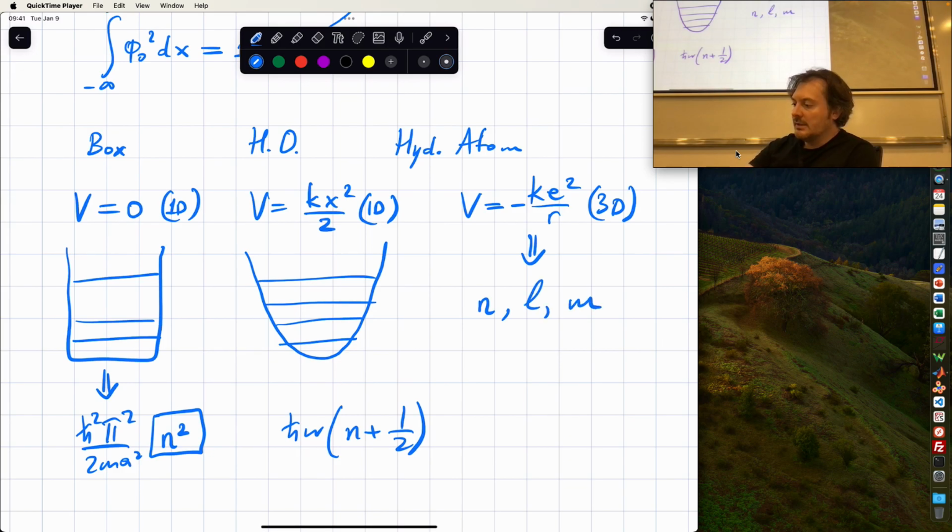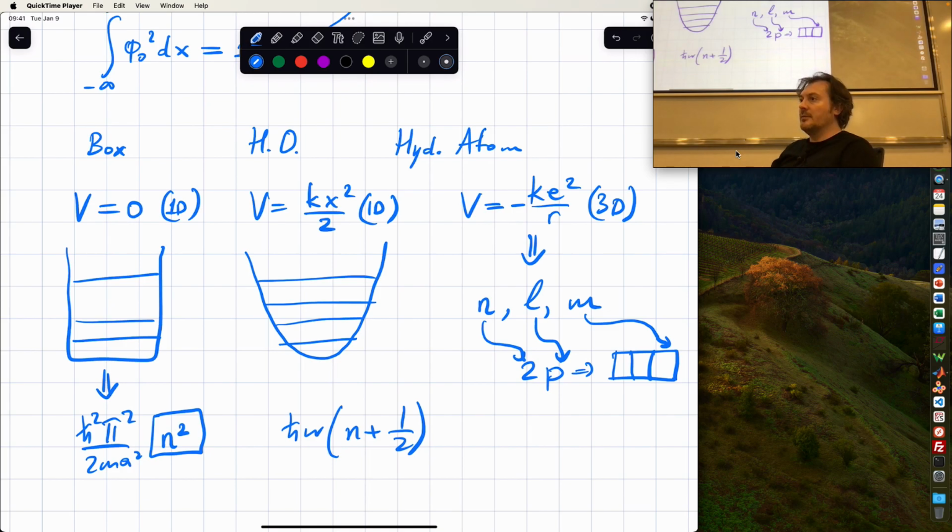That's what it is going to be like when you have 2p6 kind of stuff. Let me just draw the 2p orbital like this. N will correspond to this, L will correspond to this, and M will correspond to where you are in that box. Okay? Does it make sense?